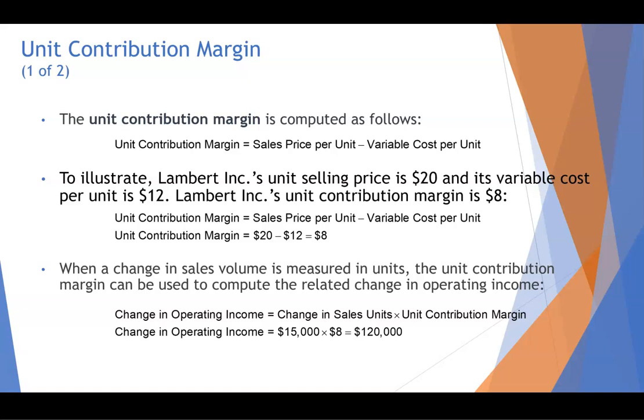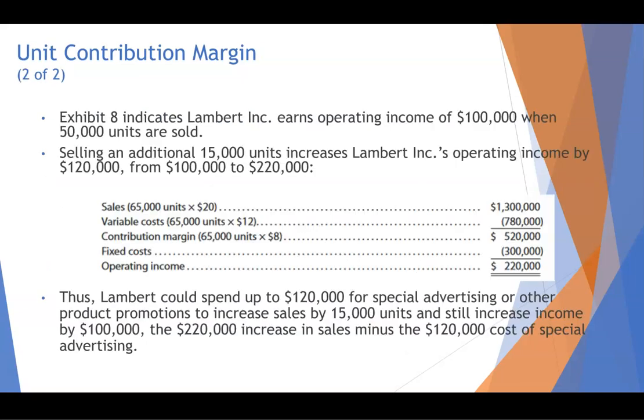When a change in sales volume gets measured in units, the unit contribution margin can be used to compute the related change in operating income. So if we have a change in operating income of $15,000, we can take the number of sales units times that contribution margin to see how much the operating income changed.